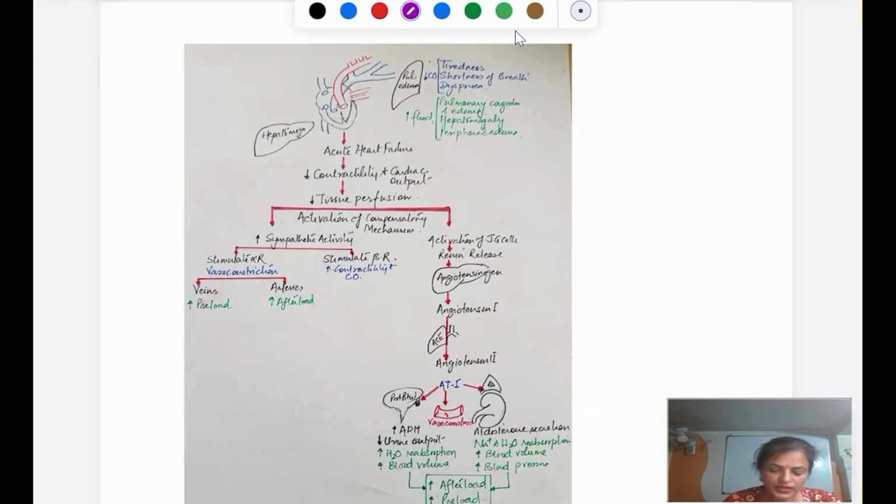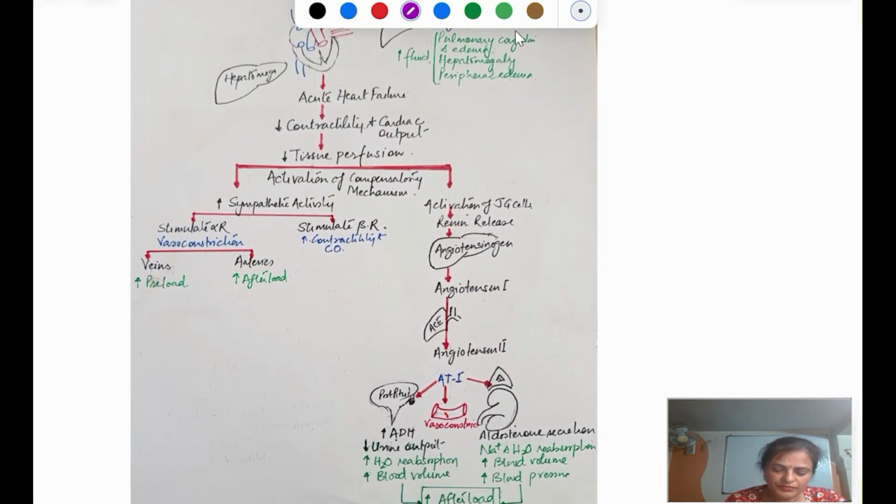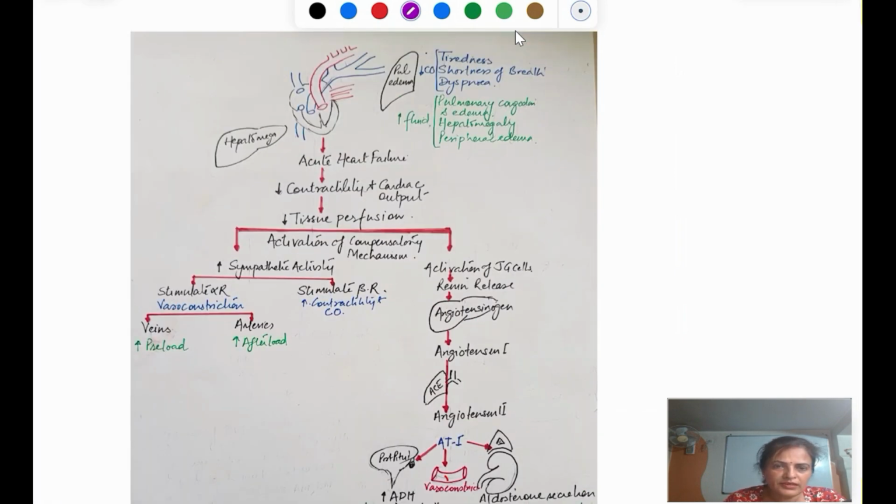Now coming to, for the acute heart failure, we have given the treatment. Now the body itself, heart failure में क्या, there is a decrease in contractility and decreased cardiac output. Now because of the decreased cardiac output, patient का क्या, tissue perfusion will be hampered. There is no sufficient tissue perfusion.